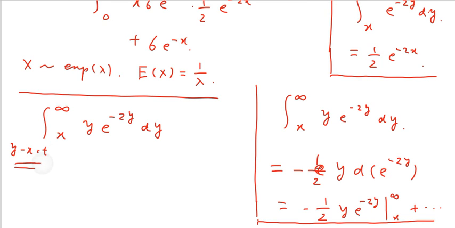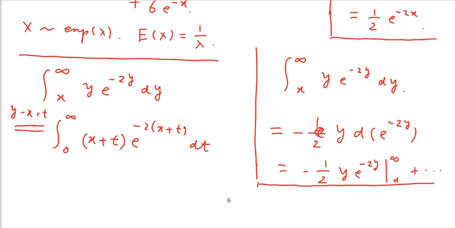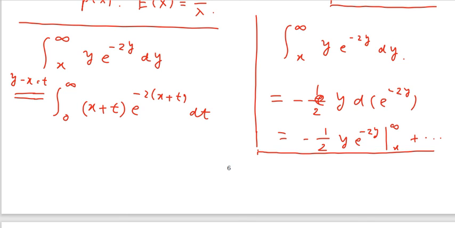So when y equals x, t equals 0, so t goes from 0 to infinity, and y becomes x plus t, with dy equal to dt. Since x is constant, we can take it out.